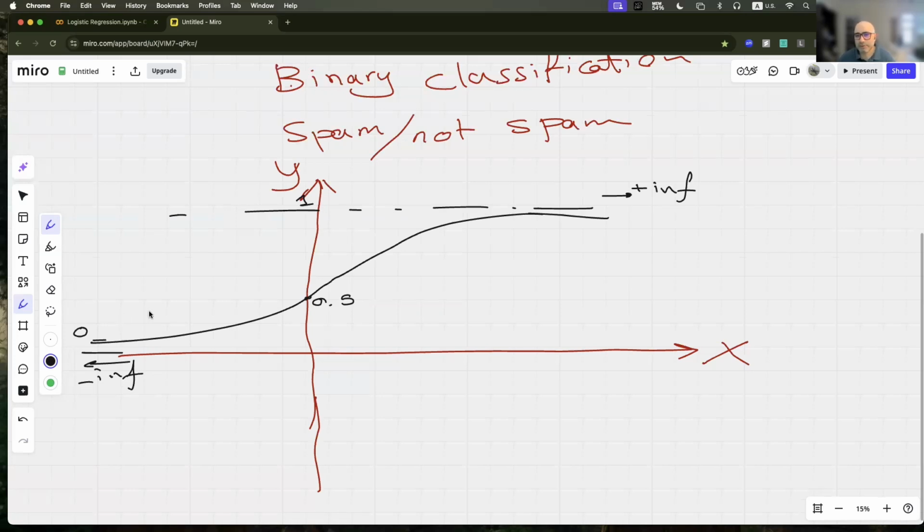The equation for the sigmoid function is like this. We have an X, and the equation is 1 over 1 plus e to the power of minus x, where e is the exponential number.